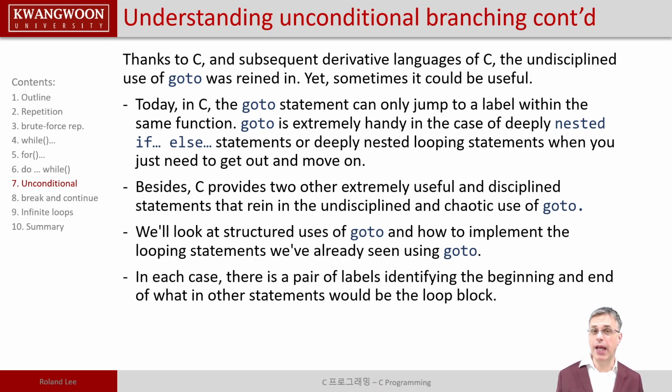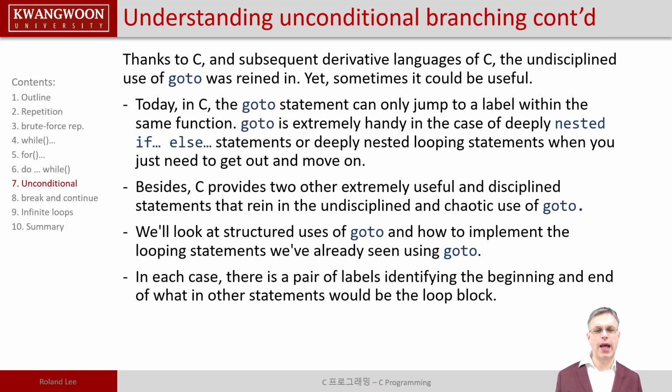Goto is extremely handy in the case of deeply nested if statements or deeply nested looping statements when you just need to get out and move on. While this is sometimes necessary, it should be considered rarely necessary.